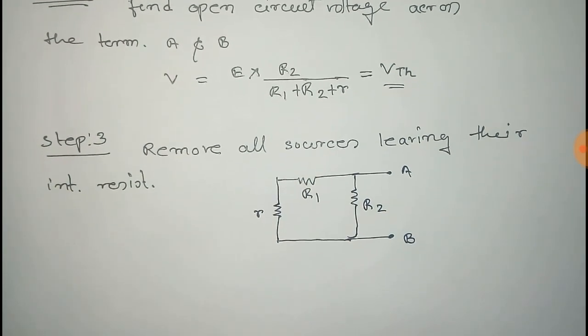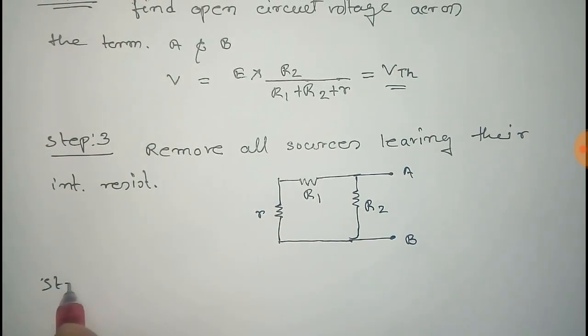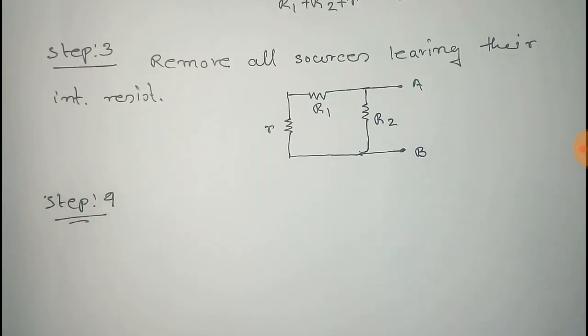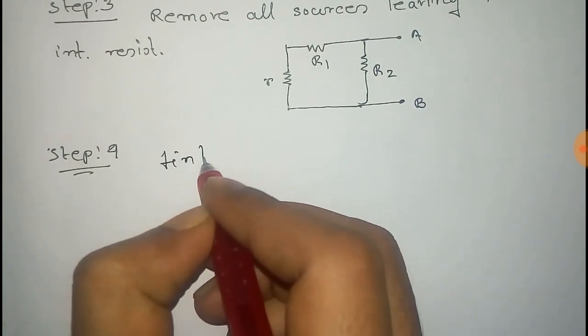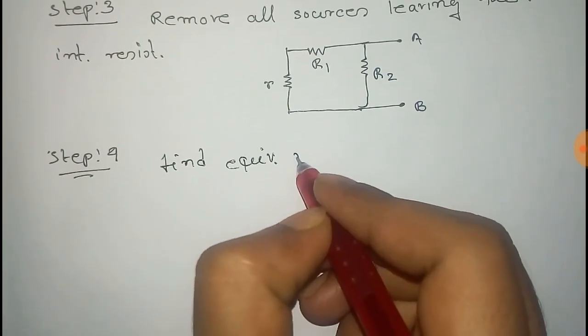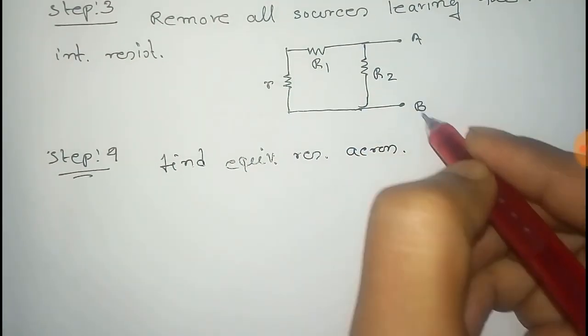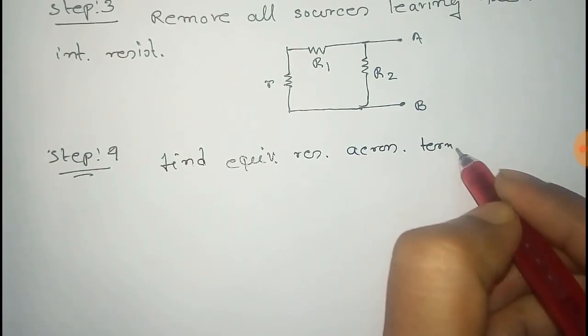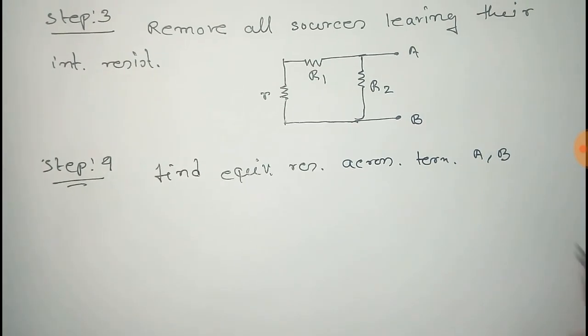Now we go to step 4. At this step we find the equivalent resistance from terminals A and B. So across terminals A and B, we have to find the equivalent resistance of this circuit.